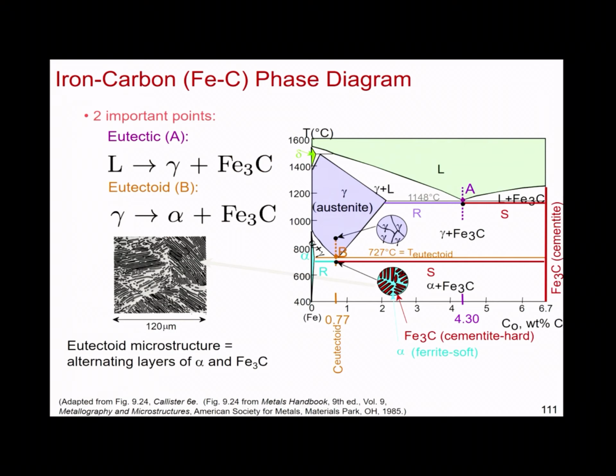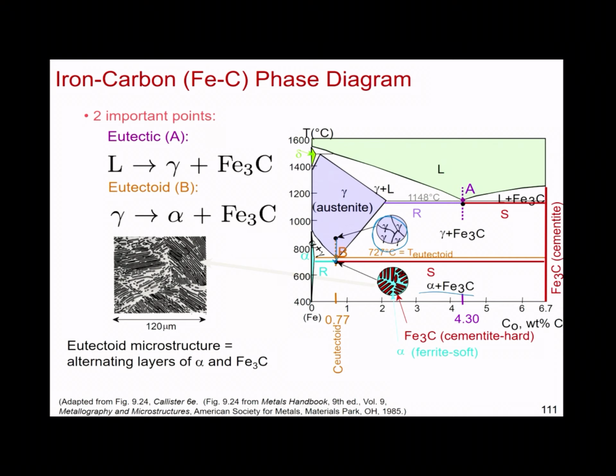That is outlined here. And the microstructure looks like this, where you have grains of gamma right here. And then you get two phases, alpha plus Fe3C, or alpha plus cementite. And you notice that the microstructure is quite similar to the eutectic microstructure, where you have these lamellae right here.